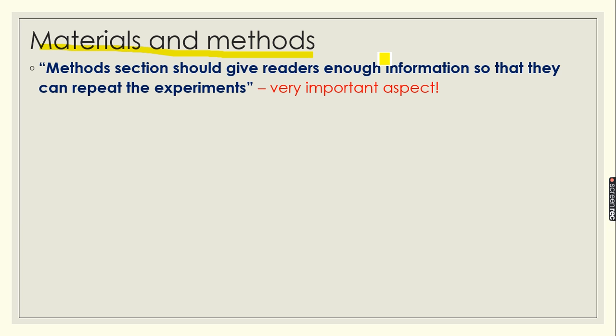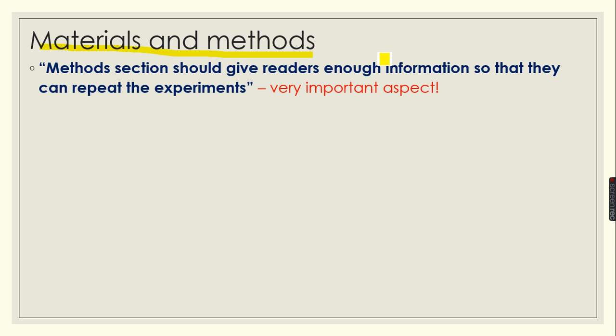That is the objective. So method section we should write in such a way that it will have enough information so that anyone, a new researcher, can repeat the experiments in the same way. So reproducibility of the experiments so that we can repeat it is very important.